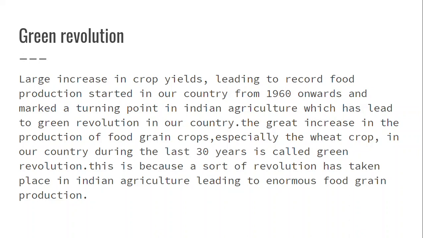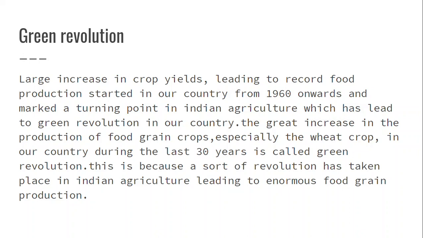It's not mainly wheat, but wheat is the main food item in India. So if that increases, there's a lot of greenery. The revolution is called green because it led to unprecedented greenery of crops everywhere. The greenery of crops could not become precedent, so they said it's unprecedented.